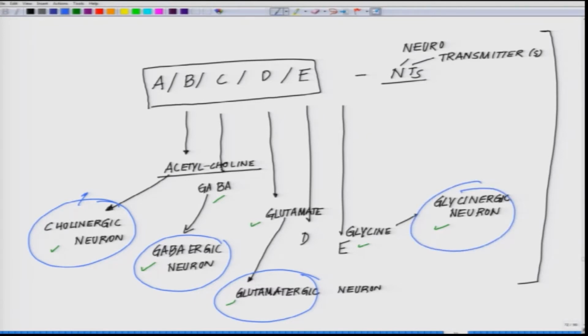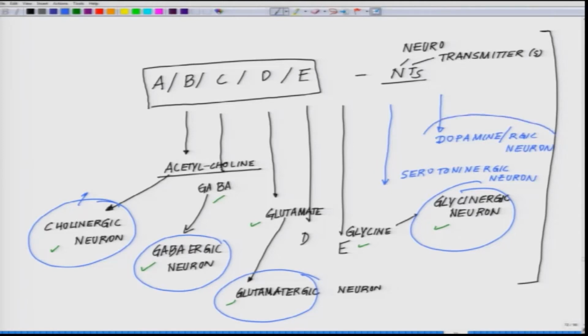So, similarly you have serotoninergic neuron which secretes serotonin, dopaminergic neuron which secretes dopamine, neuron.